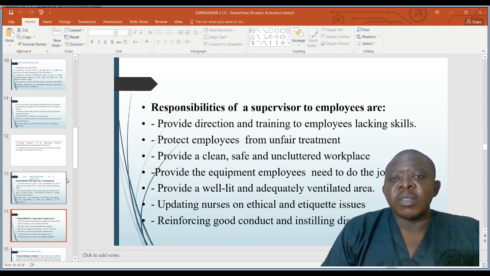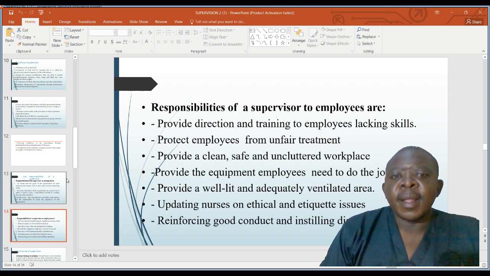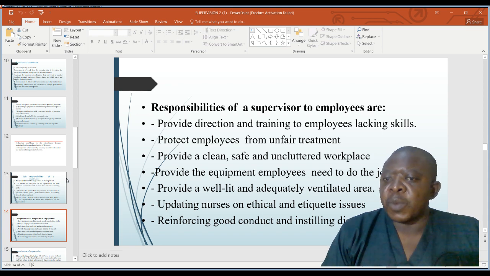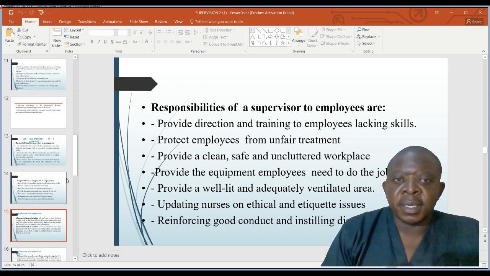And then when we look at the responsibilities of supervisor to employees, here we are looking at the supervisor providing direction, protecting employees, providing a clean, safe environment, provision of the equipment employees need to do the job, or resources, providing a well-lit and adequately ventilated area, to mean a safe working environment, updating workers on ethical and etiquette issues, and also reinforcing good conduct and instilling of discipline.